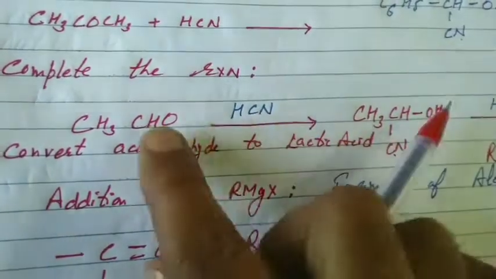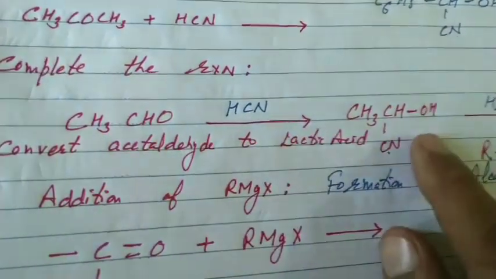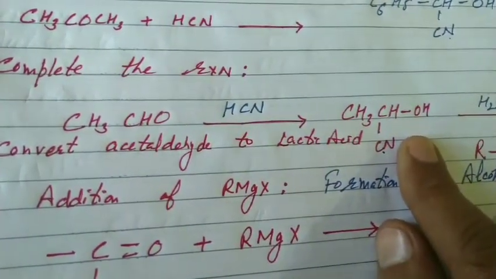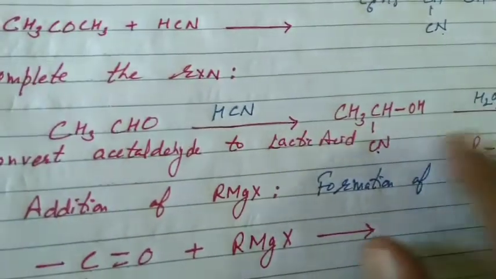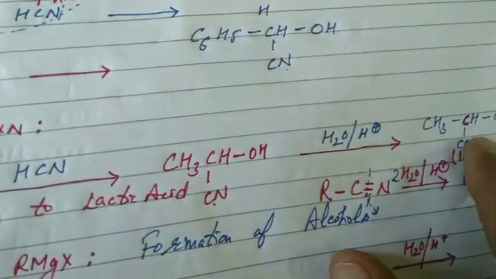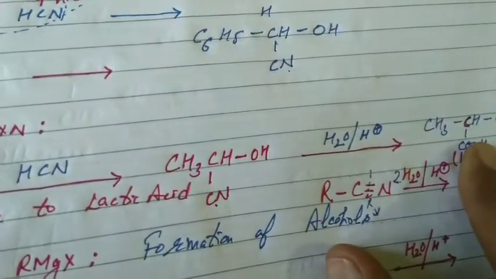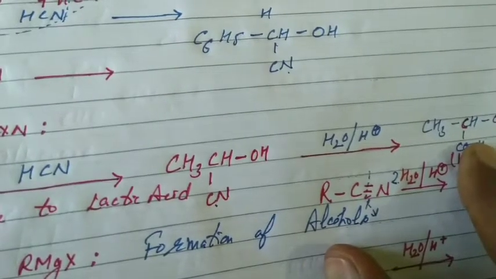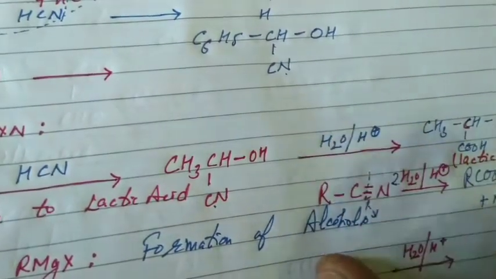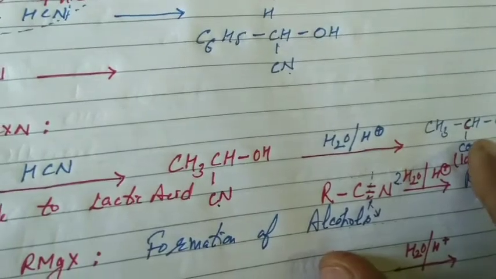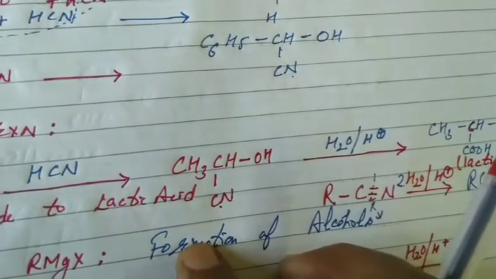That is, acetaldehyde, we treat it with HCN. That is the cyanohydrin of acetaldehyde. When it undergoes complete hydrolysis, the product is lactic acid. Definitely you have to tick acetaldehyde.